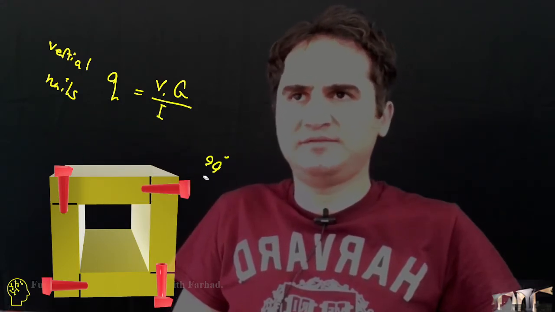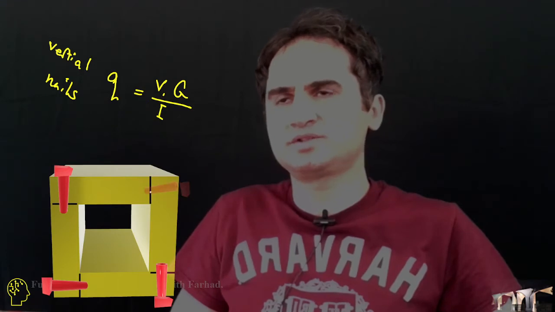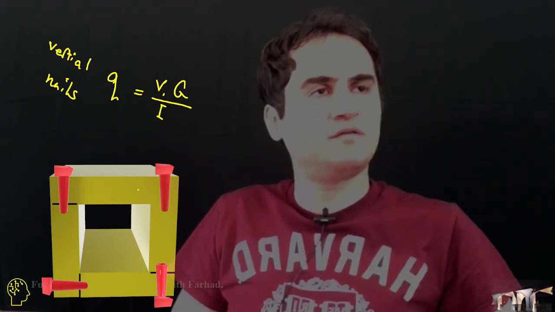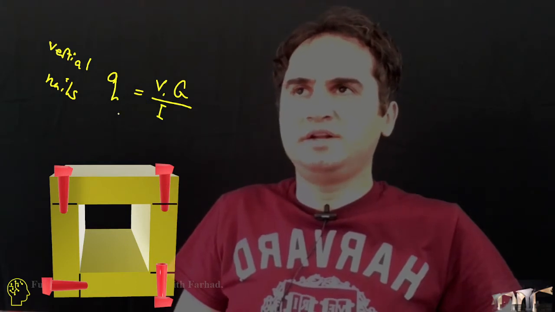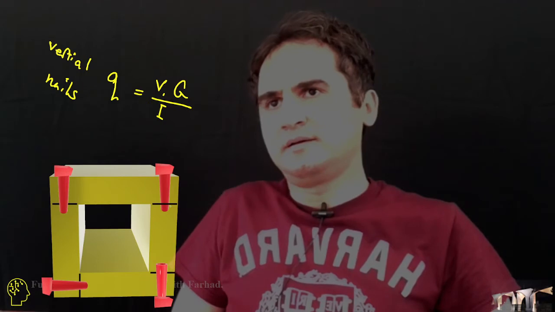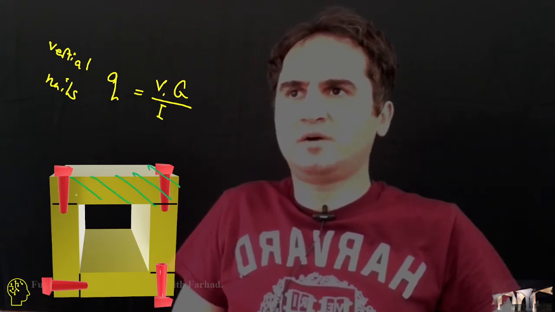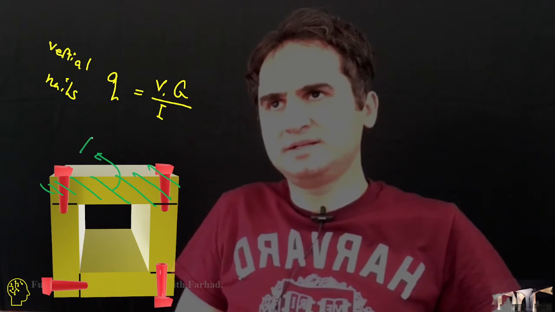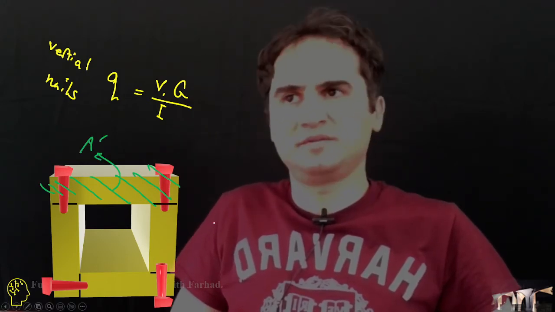We are allowed to do this. So if we want to see the effect of a vertical nail, we can assume that we have two vertical nails just holding this A prime area from the rest.